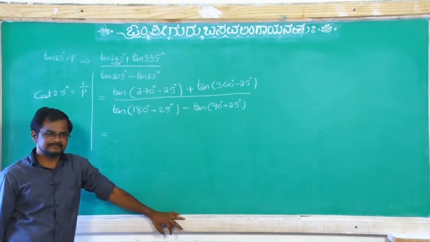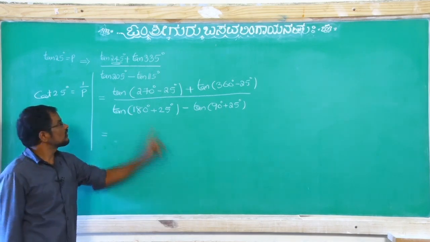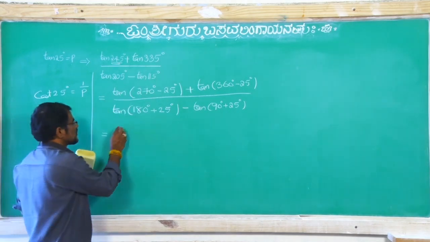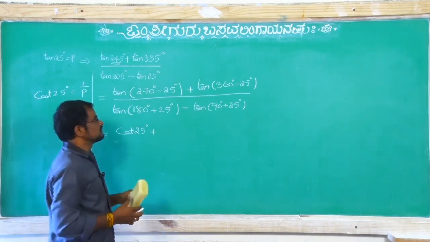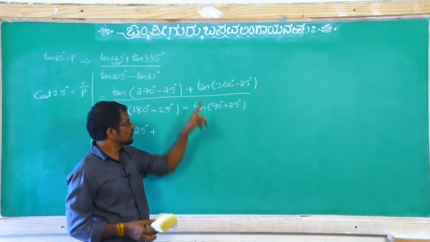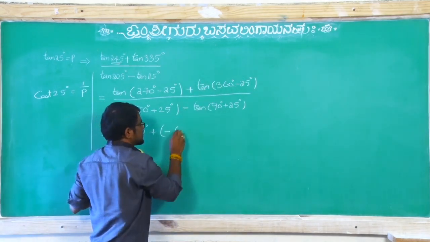Now tan 270 minus 25, which quadrant? Third quadrant. Third quadrant, tan positive; at 270, tan changes to cot. So cot 25, plus tan of 360 minus 25: fourth quadrant, tan negative; at 360, tan does not change.